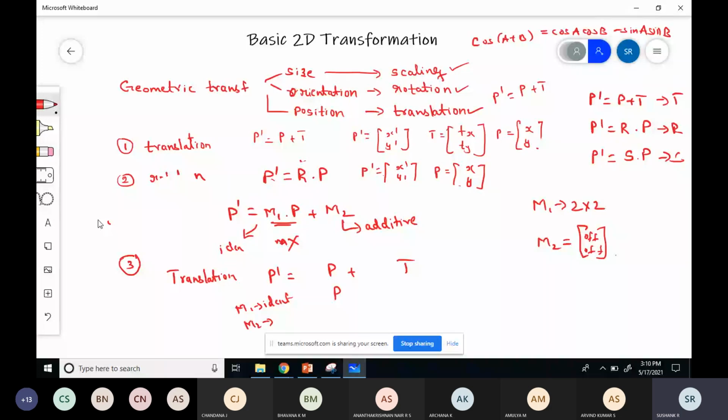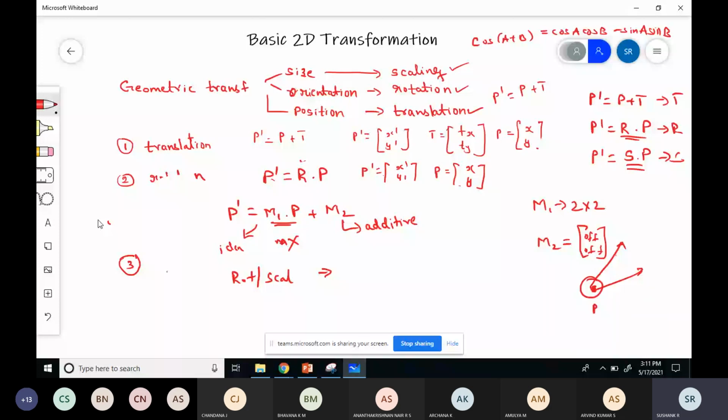This is for translation. And for rotation or scaling, we know that it is R into P, S into P. For rotation and scaling, M2 will contain the values associated with a fixed point. When I was rotating from this location to this location, I called it the pivot.